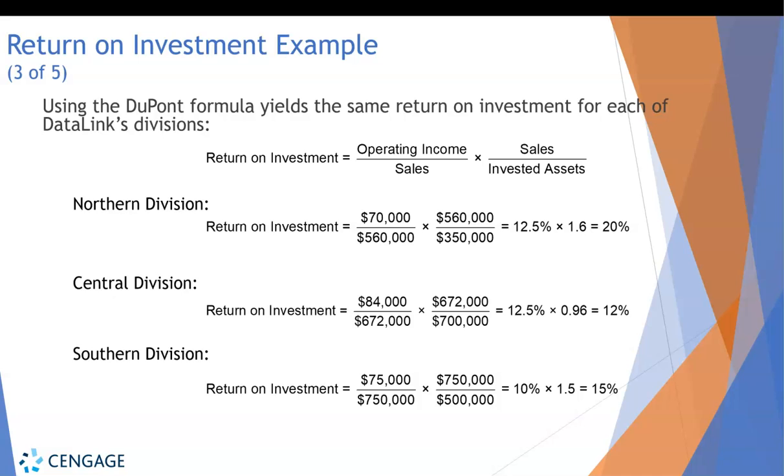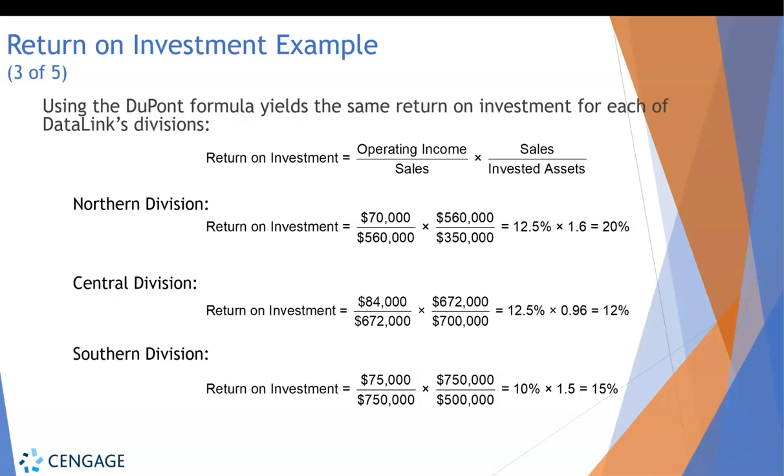The southern division's profit margin of 10% and investment turnover of 1.5 are lower than those of the northern division. The product of these factors results in a return on investment of 15% for the southern division, but the northern division is sitting at 20%.